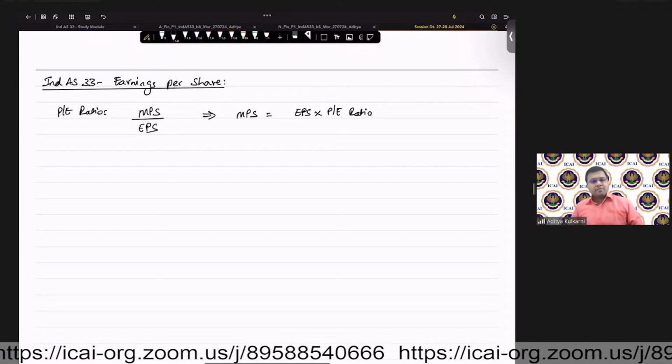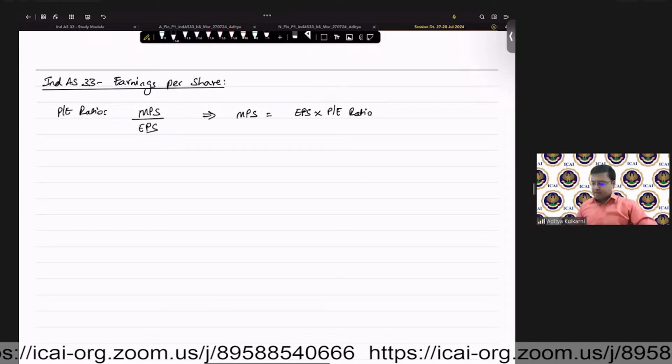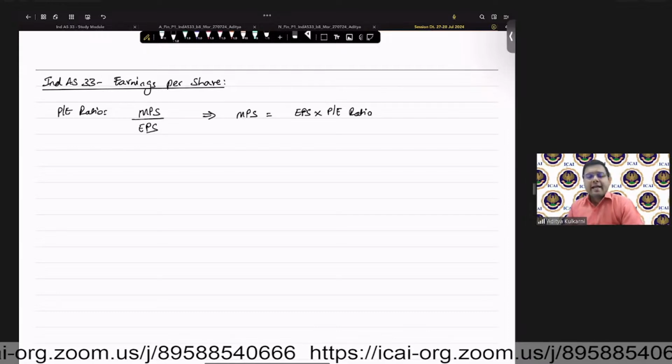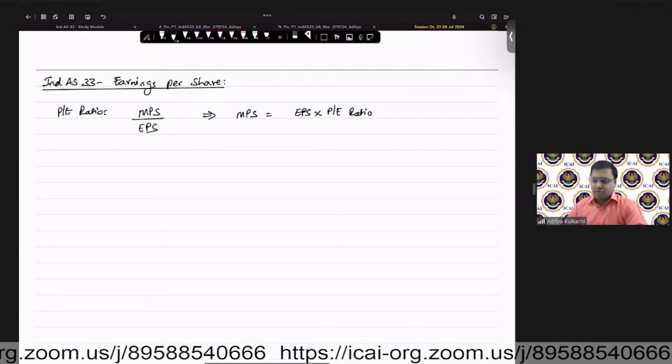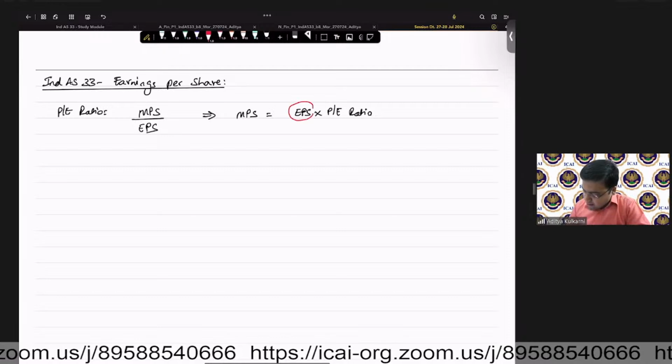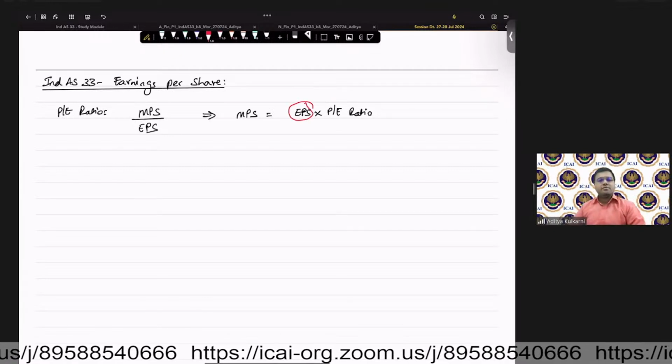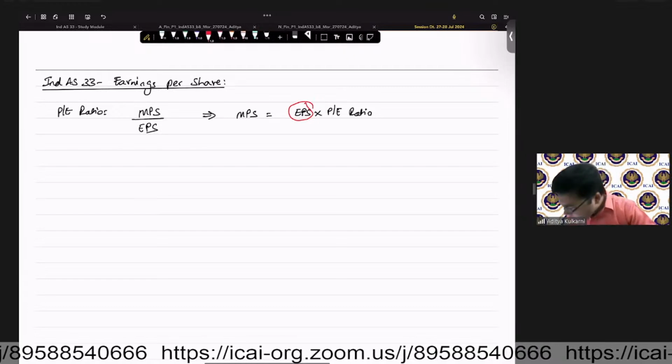So that gives me the market price. I can make estimates of the market price using this. And this plays a key role, the earnings per share. That is why this standard is particularly important.